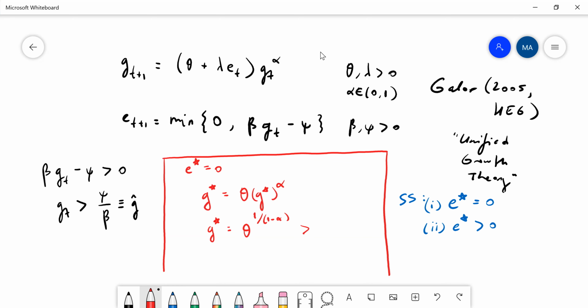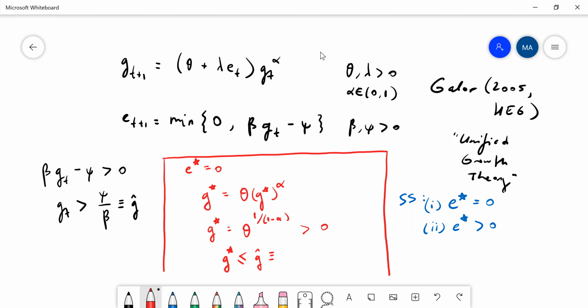And now this is of course positive, given that theta is positive, but this must be what? This must be less than your threshold, right? Because you require education to be 0, so you say G star is less than or equal to G hat, all right?